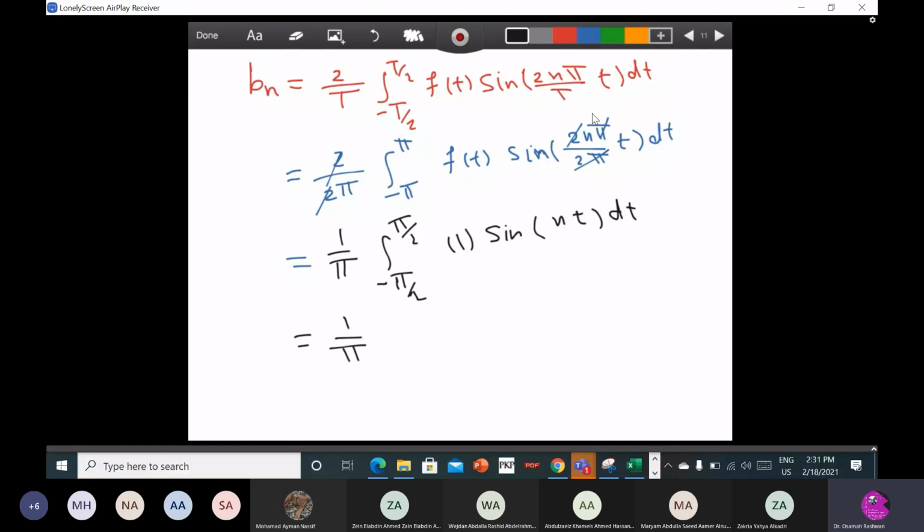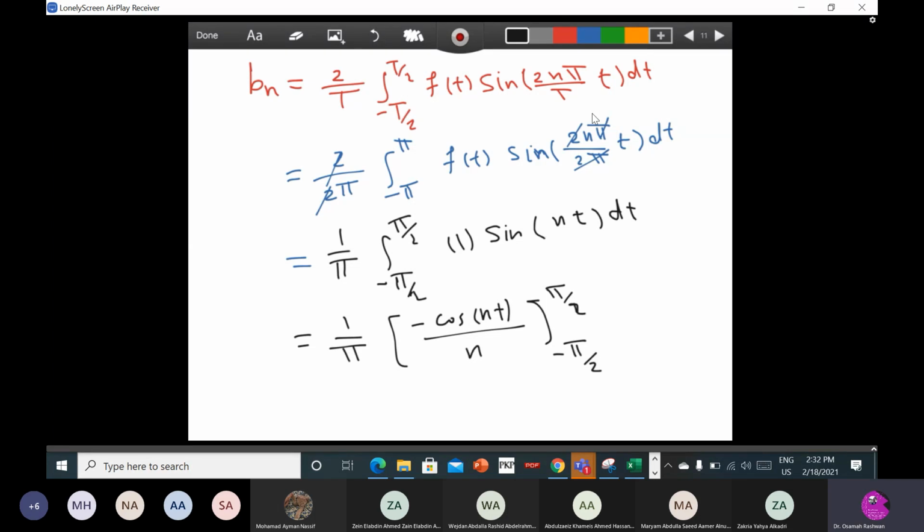Now 1 over pi, okay, I can integrate this one: minus cosine nt over n from minus pi over 2 to pi over 2.